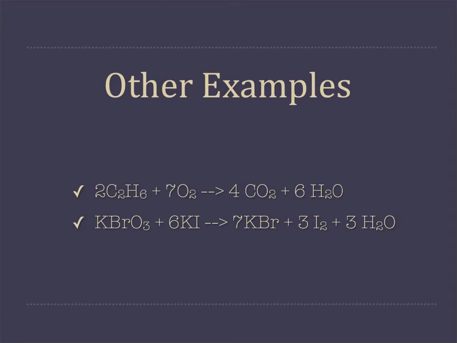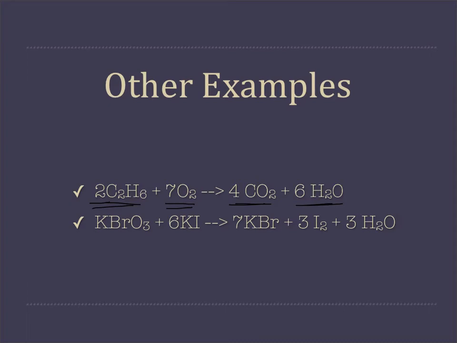From these equations, you should be able to look and say, oh, 2 molecules of C2H6 plus 7 molecules of O2 gives me 4 molecules of CO2 and 6 molecules of H2O, or 2 moles plus 7 moles yields 4 moles plus 6 moles. You should be able to look at those equations and do that.